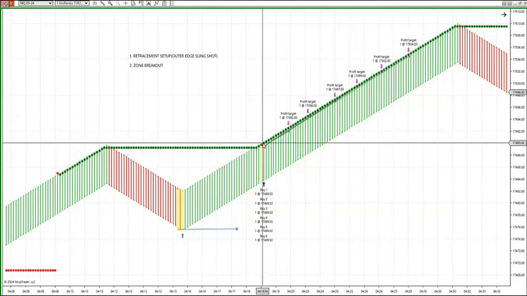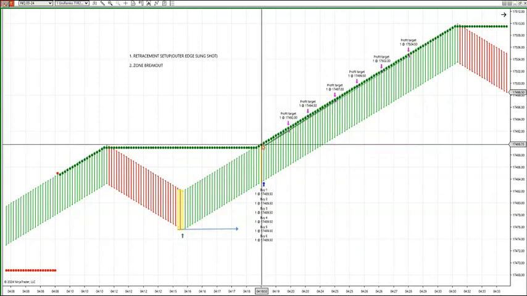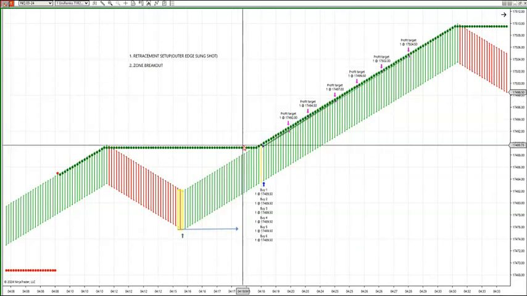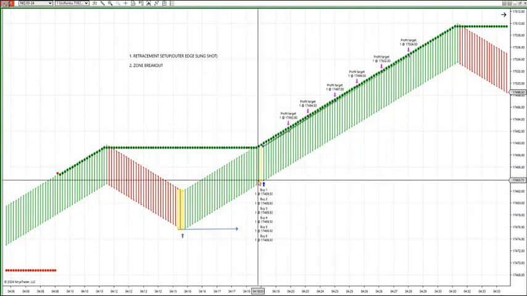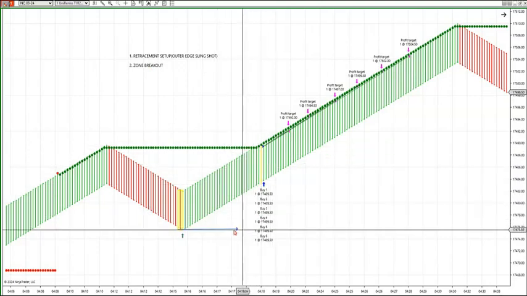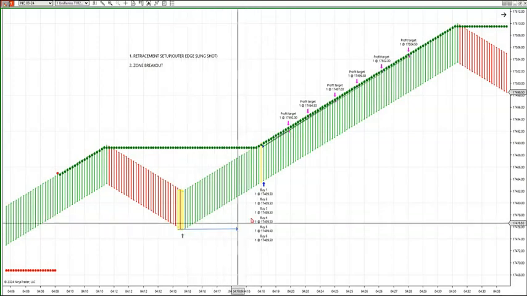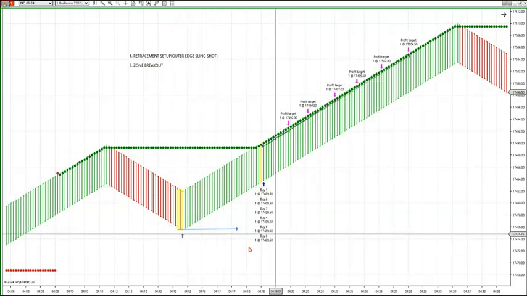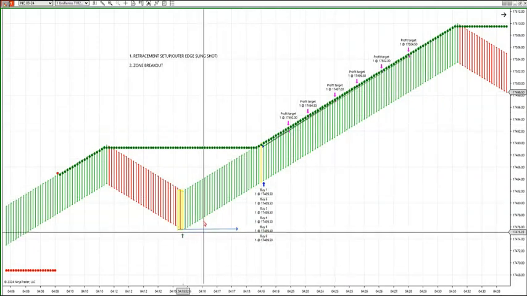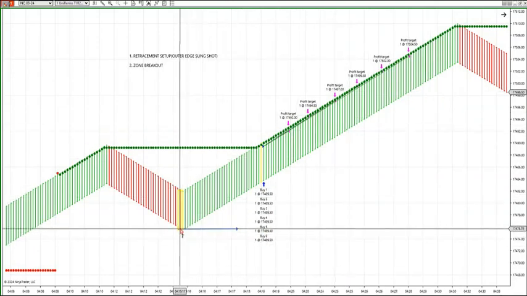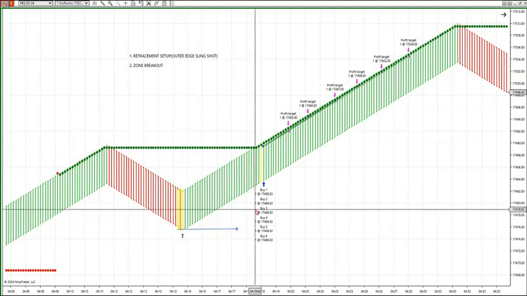So you can see that this is where it likes to break. This is called a zone breakout. And these zone breakouts only go with the overall trend of our Renko bar, and then also of the swing that it just came into, this lower high.